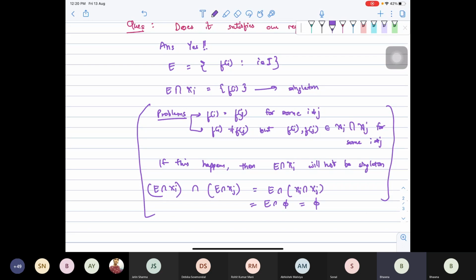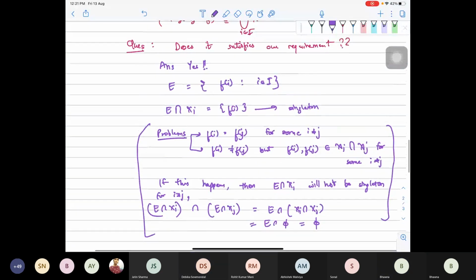That means these are two points which are in Xi and Xj as well. So E intersection Xi contains both f(i) and f(j), and it will not be a singleton then. All of this trouble will be solved if I just show that if I take E intersection Xi with E intersection Xj for i not equal to j, then it is empty. Therefore, this is a singleton set. Okay?